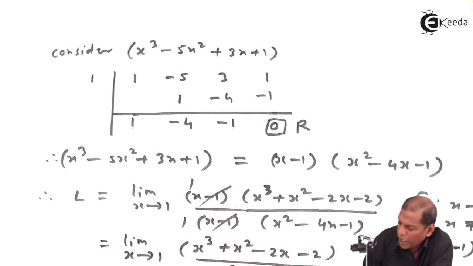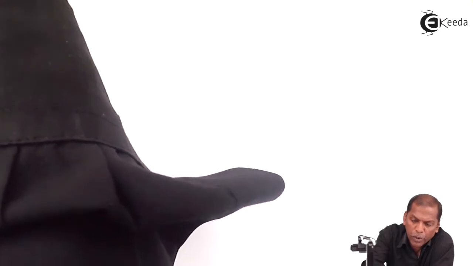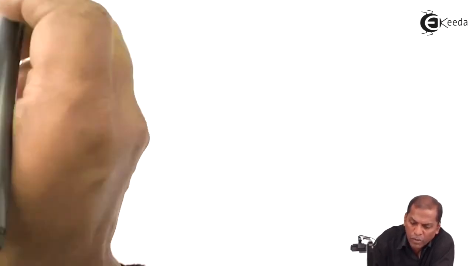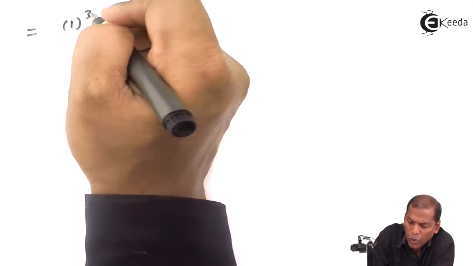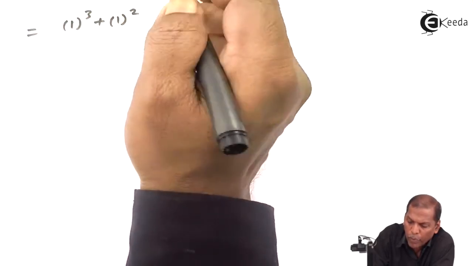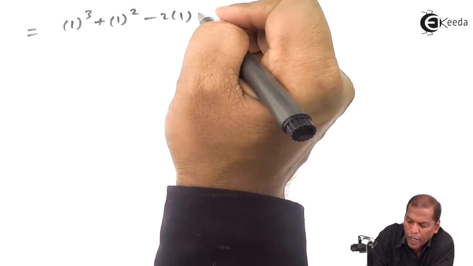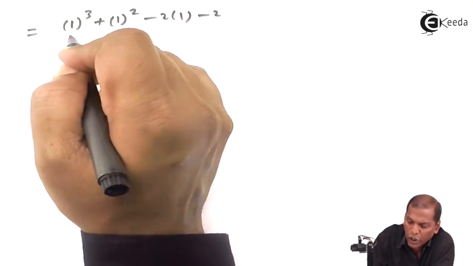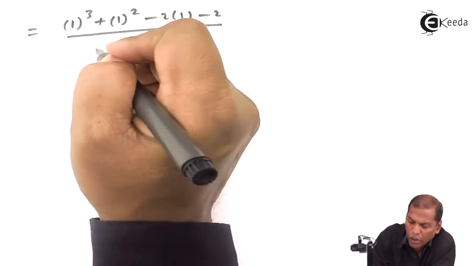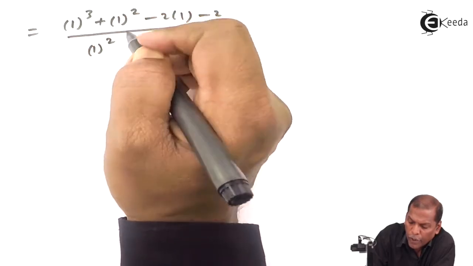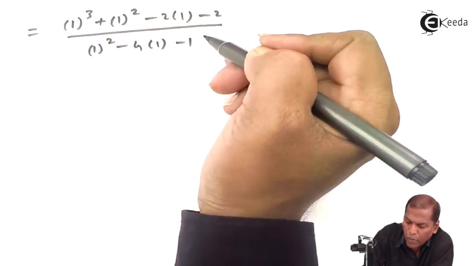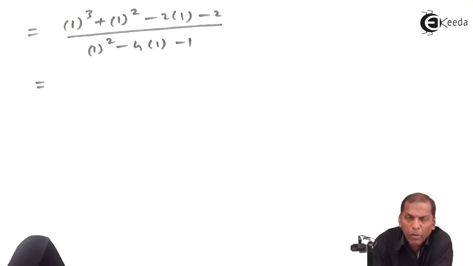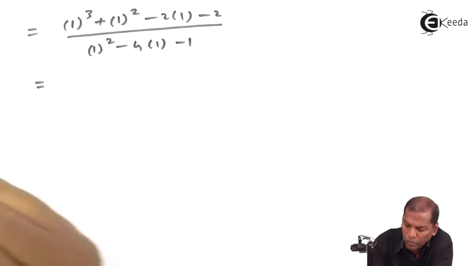Now here for x we substitute the limit 1. So the next step will be 1 the whole cube plus 1 the whole square minus 2 into 1 minus 2 in the numerator, and then 1 the whole square minus 4 into 1 minus 1 in the denominator.